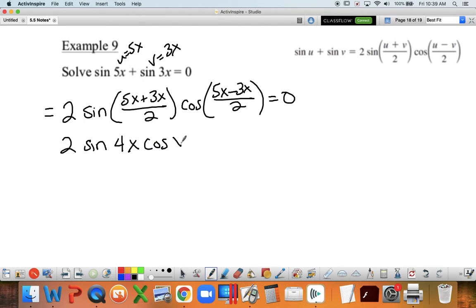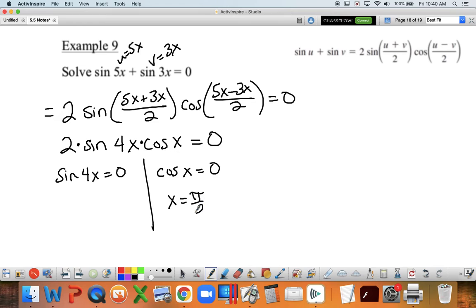cosine x equals 0. So what this really means is that this whole thing is already factored down. I am multiplying these three things. And in order for these three things to be multiplied together to equal 0, either the sine of 4x has to equal 0 or the cosine of x has to equal 0. Well, the cosine of x equals 0 at pi over 2 and 3 pi over 2, right?